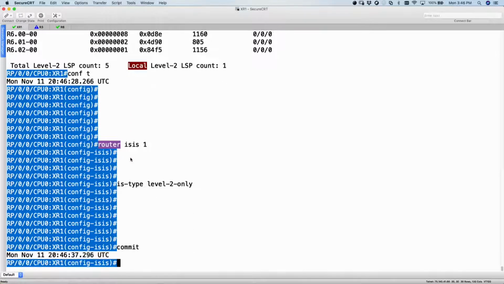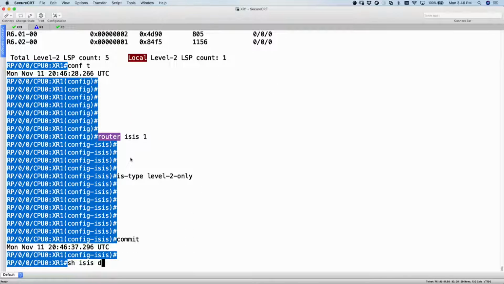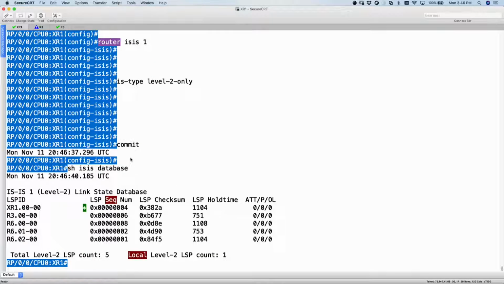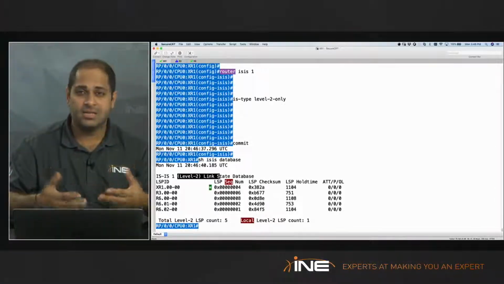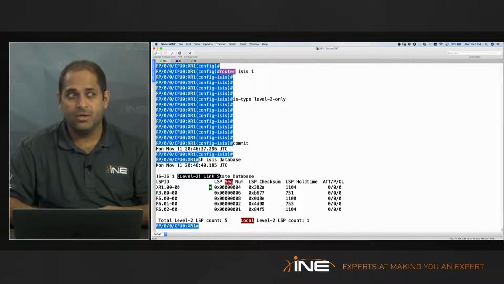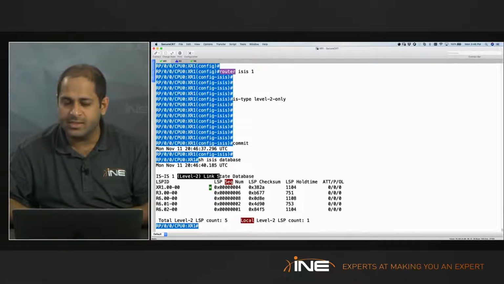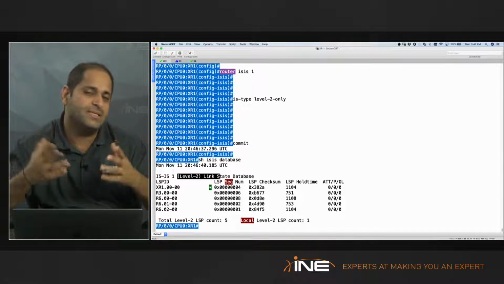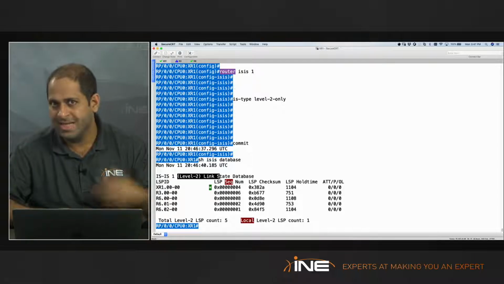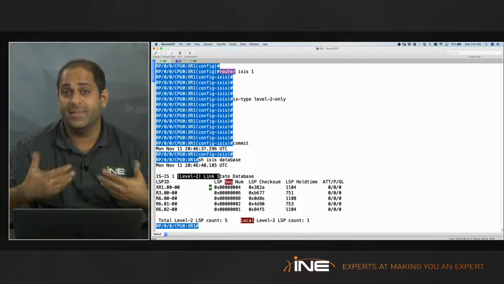Let's do a commit and look back at show ISIS database. Now you can see that I'm only maintaining level 2. I'm going to repeat the same thing again. It's really important for you to understand that when I say single level routing, it does not mean that you have just IPv4 or just IPv6 or IPv4 and IPv6. It basically means that you and me are in the same area. That's called single level routing because we are in the same area.